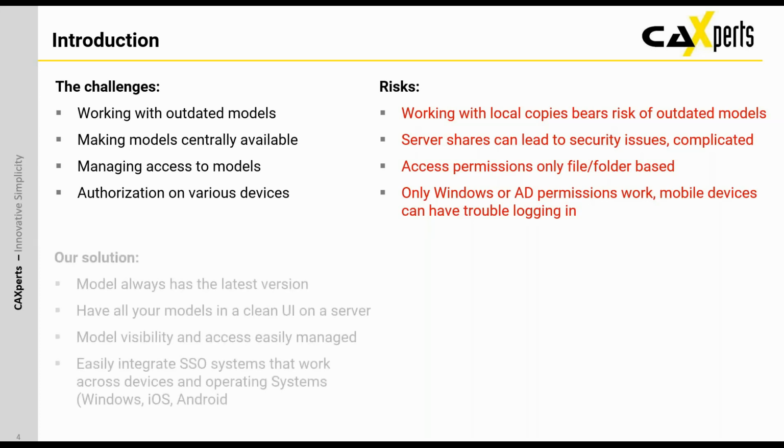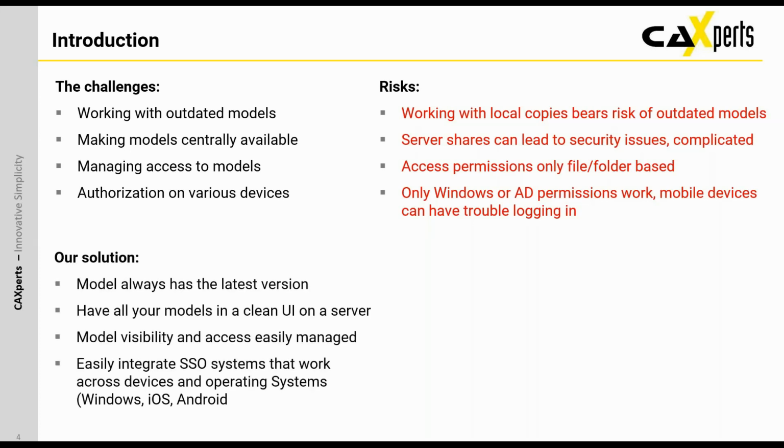So what are the solutions? First of all, the model always has the latest version on UPV browser. The fact is, even if you downloaded a model for local view, you get notified about a new version by UPV. And when I'm saying download, this is not downloading the model folder.